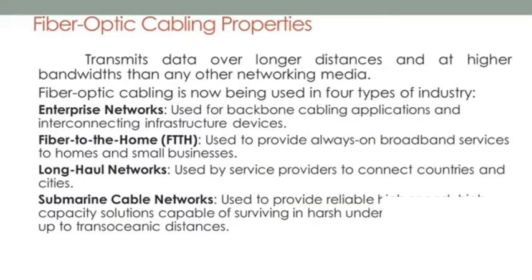Types of fiber optic cabling properties. It has four properties: enterprise networks, fiber to the home, long haul networks, and submarine cable networks. The enterprise network is used for backbone cabling applications and interconnecting infrastructure devices, while fiber to the home is used to provide always-on broadband services to homes and small businesses.